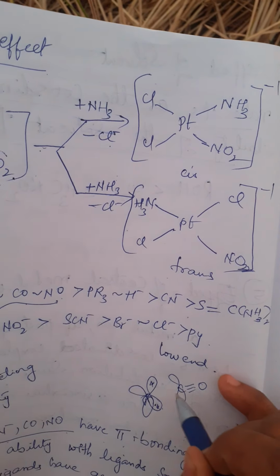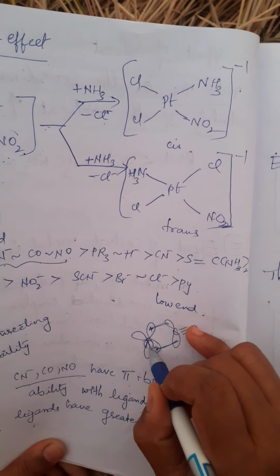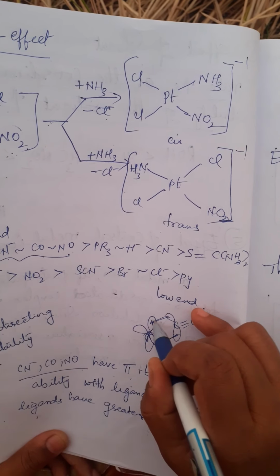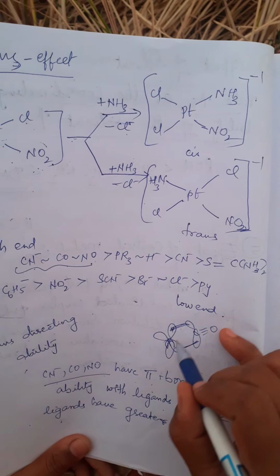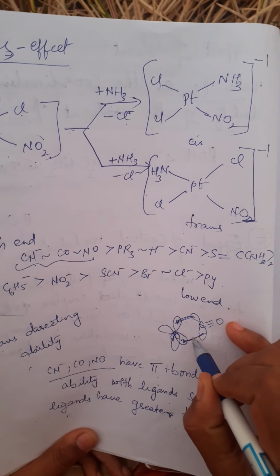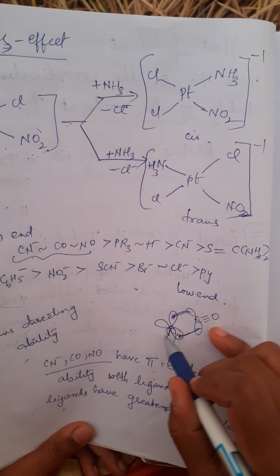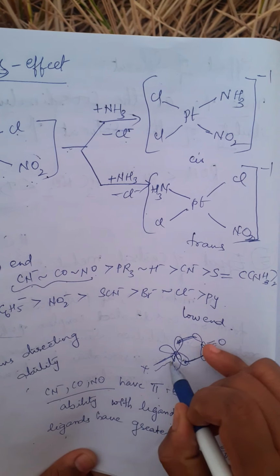It has an empty orbital, so the electron density is shared from the metal to the ligand. So a double bond character is formed, with electron density moving from the central metal to the ligand. So a strong bond is formed in general, and the ligand trans to this ligand can be easily cleaved.